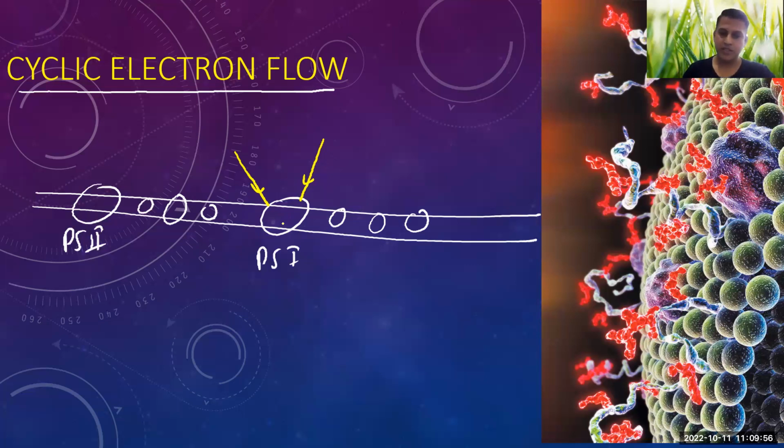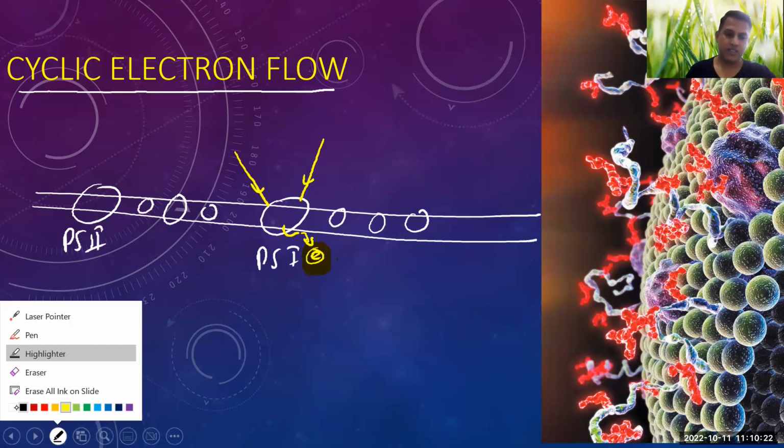So electrons with the energy are released from the photosystem. Now this electron has energy, right? Because the energy from sunlight is transferred to this electron.